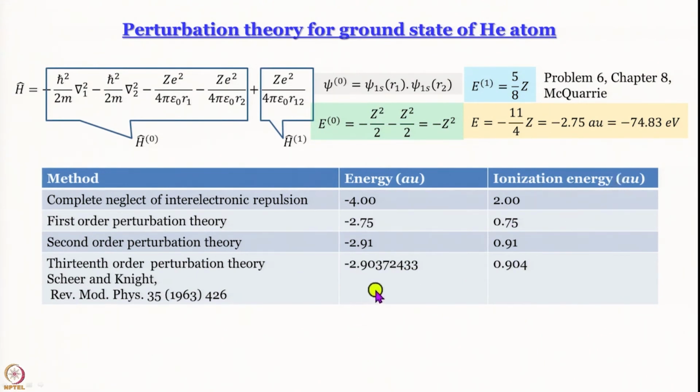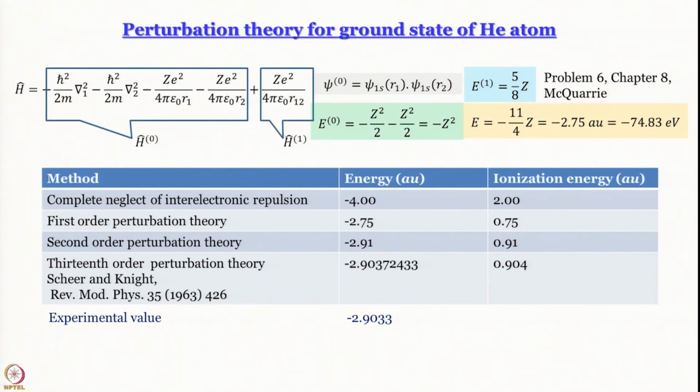We get minus 2.9037243. What is the experimental value? Minus 2.9033. So, the difference between the experimental value and the calculation involving a 13th order perturbation is in the 4th decimal place. Okay.